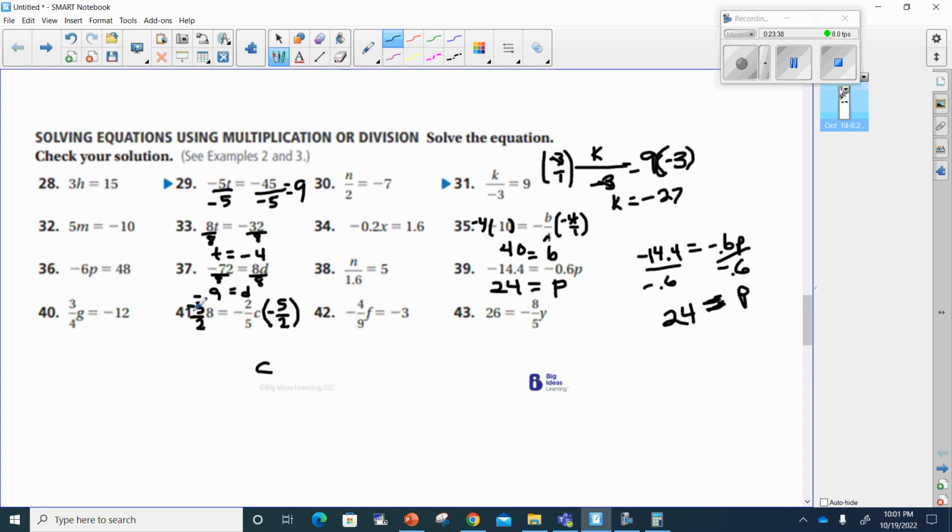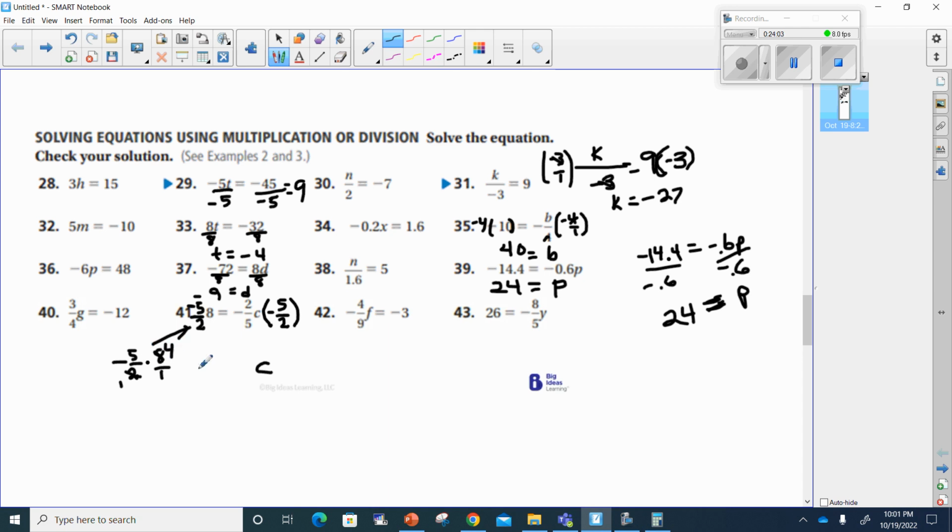All right. I'm going to rewrite this over here because it's getting kind of messy. This is saying negative 5 over 2 is getting multiplied to 8. I can put that as 8 over 1. I know 2 and 8 can be reduced. 2 divided by 2 is 1. 8 divided by 2 is 4.